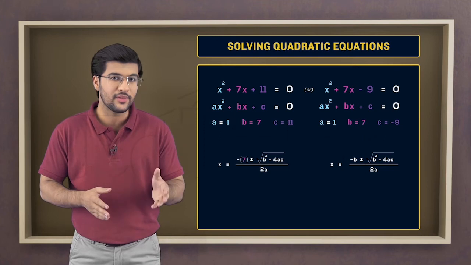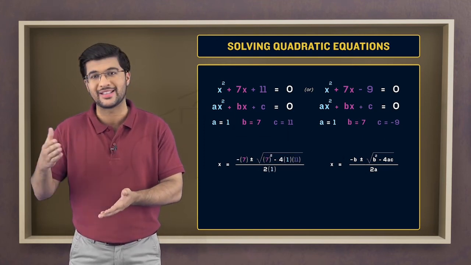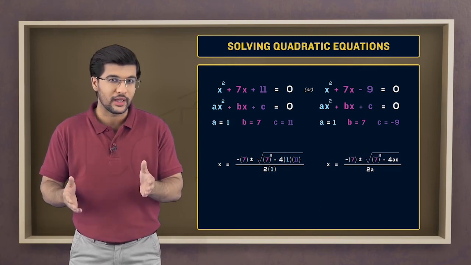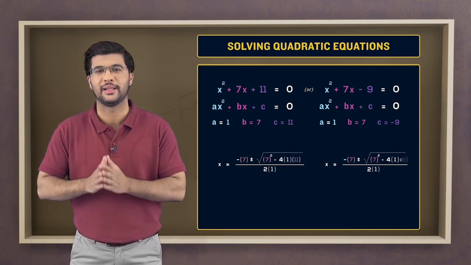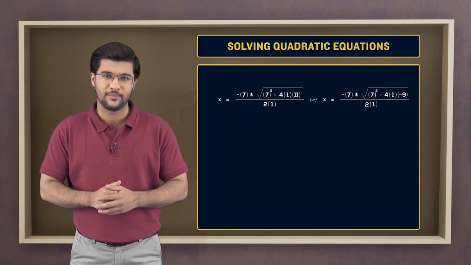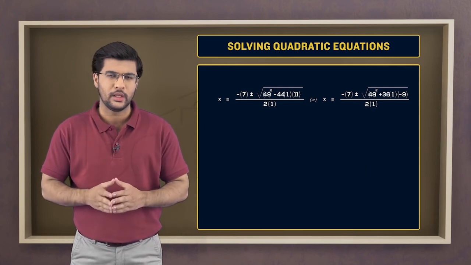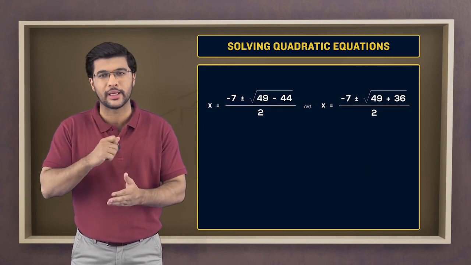Now, all we need to do is to simplify. Apply the squares and multiply the numbers. And we are just about to be done.